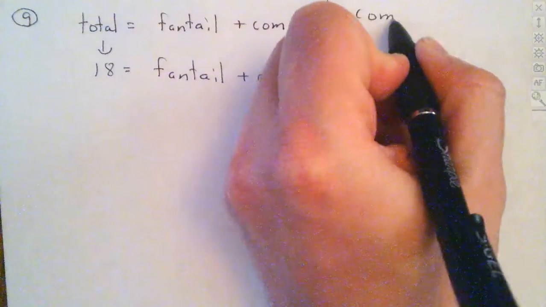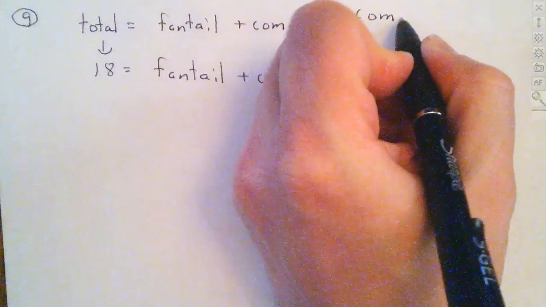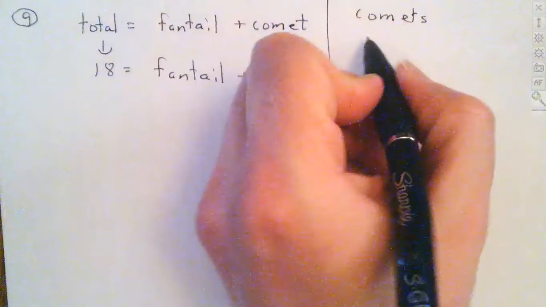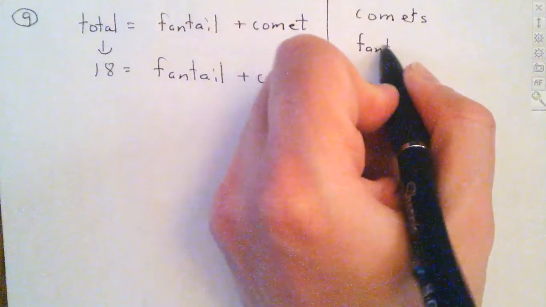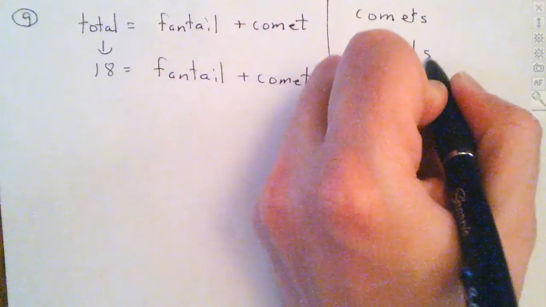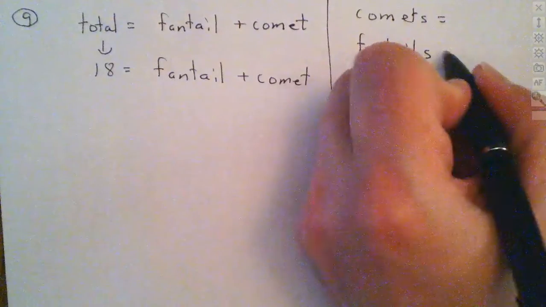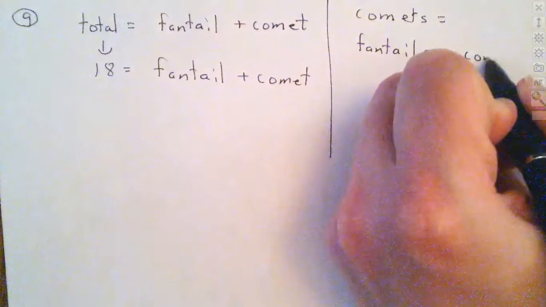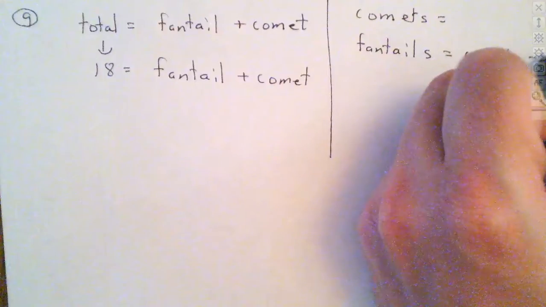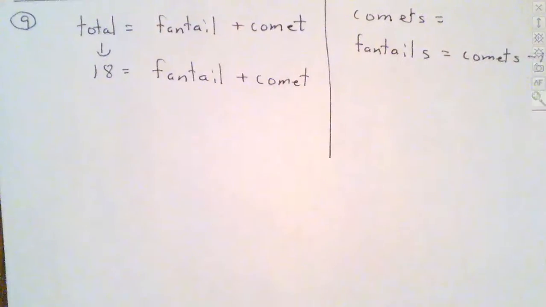So we've got comets, and we've got fantail. Now, how do they relate to each other? Well, it says there were 10 fewer fantails than comets. So your fantails then is going to be your comets minus 10.